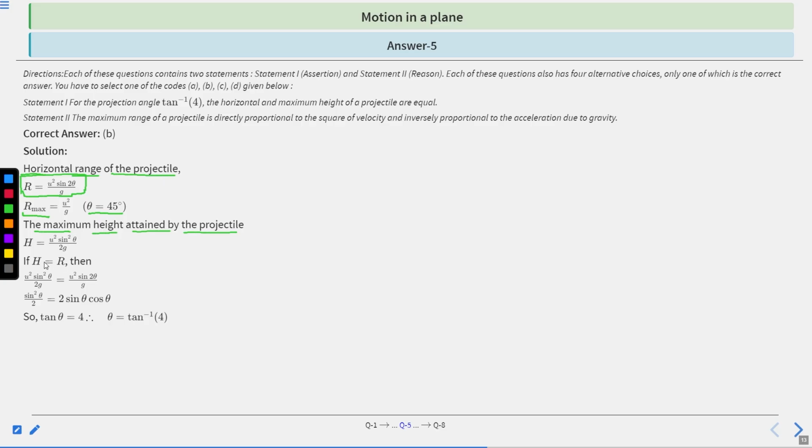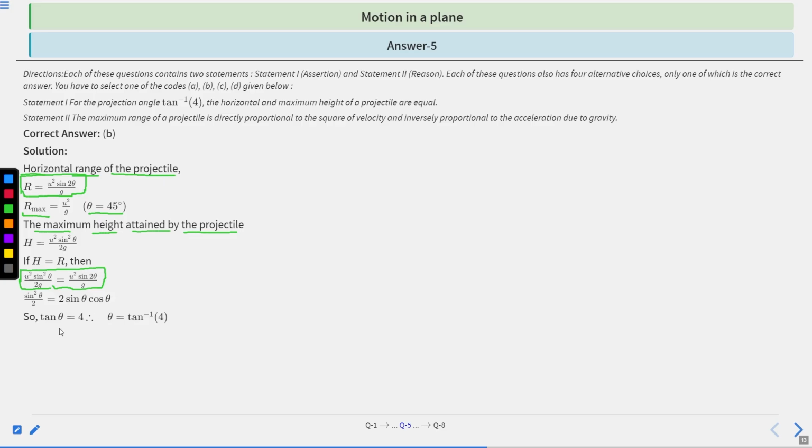If we equate the maximum height and the range, then u squared sine squared theta upon 2g is equal to u squared sine 2 theta divided by g. After solving these two terms, sine squared theta divided by 2 is equal to 2 sine theta cos theta.